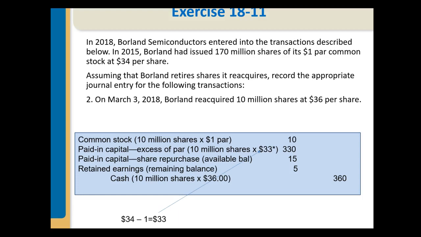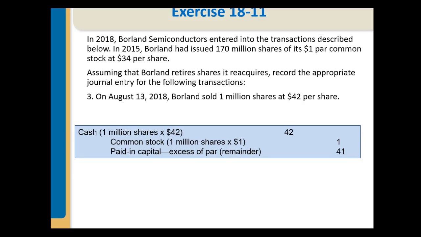Then we are going to take our available balance in the paid in capital share repurchase, which is 15, and debit that. And the remaining balance is going to go to retained earnings. We credit our cash for the entire 10 times $36.